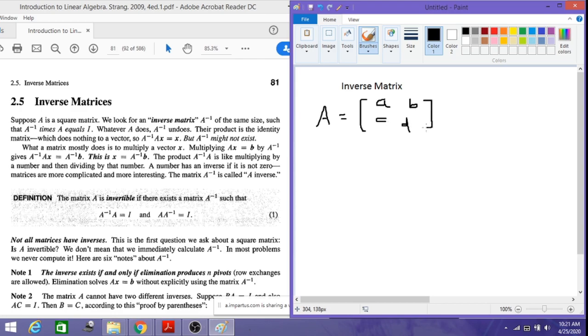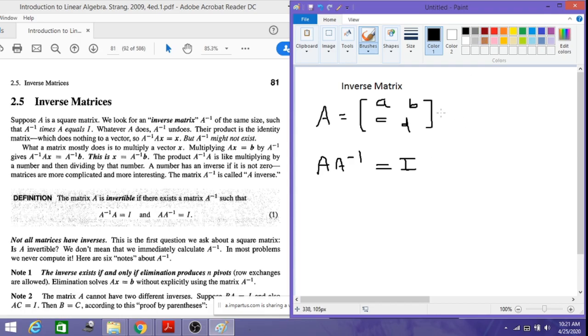So what is its inverse? We know that one property of the inverse matrix is that A into A inverse is equal to the identity matrix. If it is invertible, then it will result in the identity matrix.